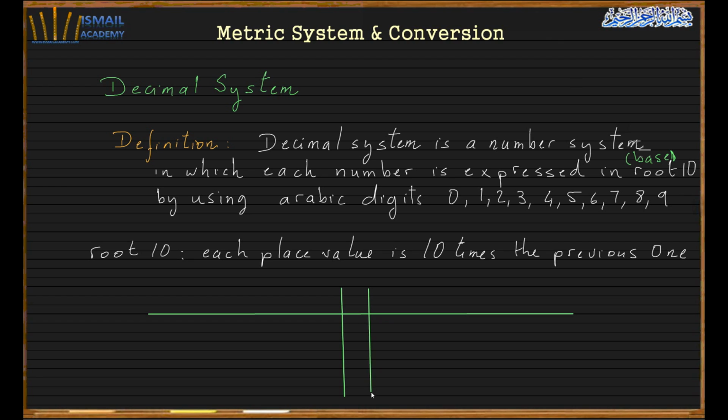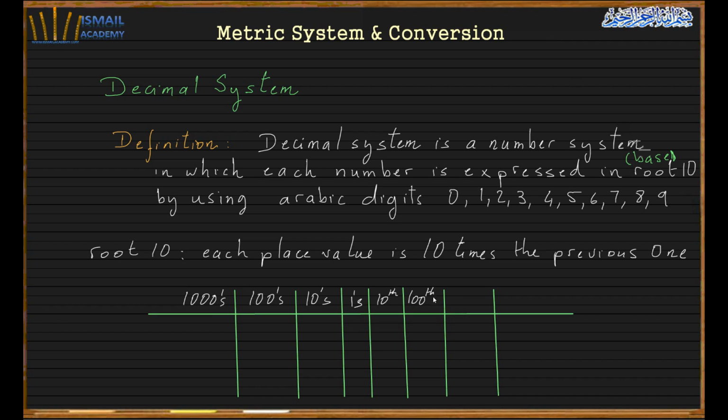Here we have the ones, tens, hundreds, and thousands, then ten thousands, and so on. I keep going on both sides.